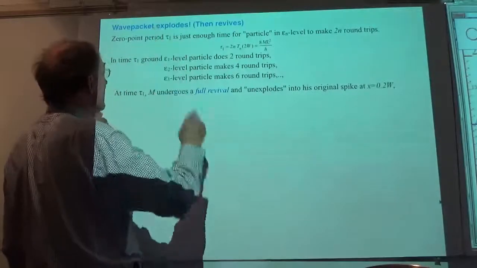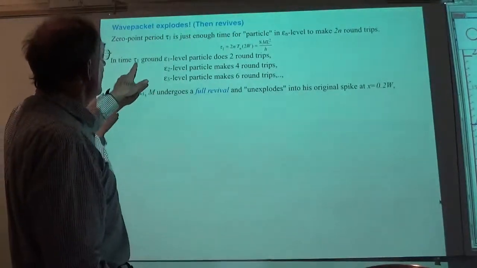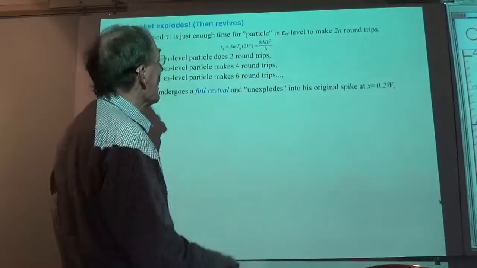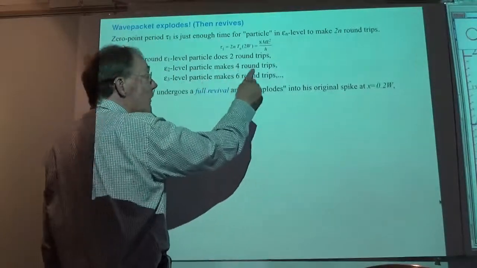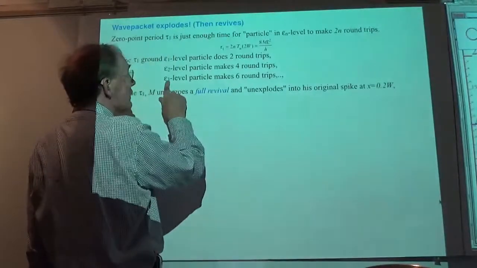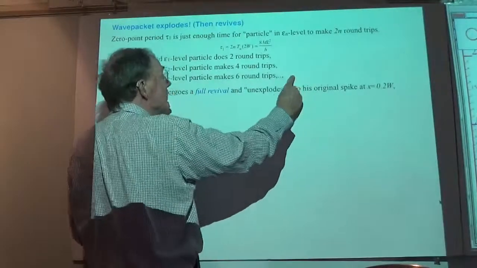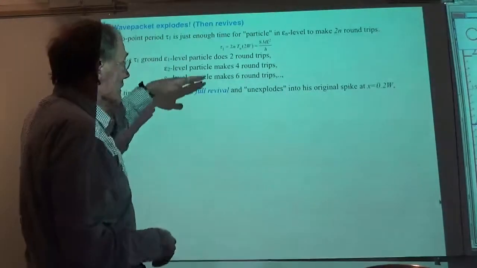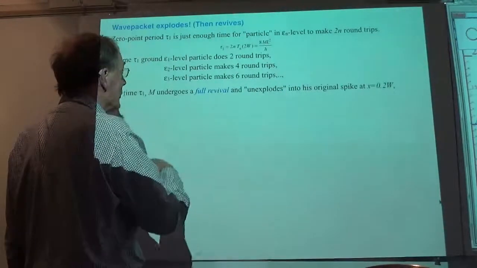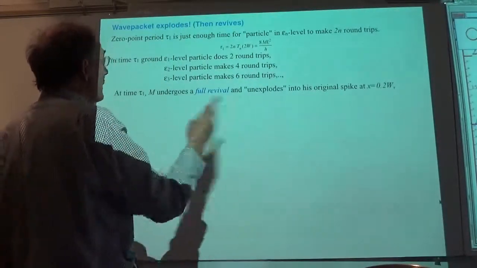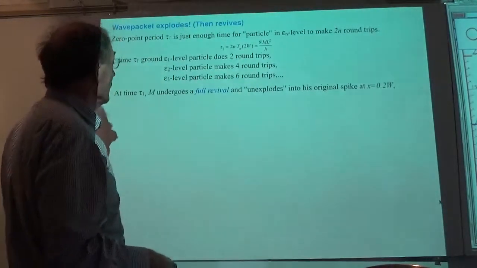It's 1 beat. So in T1, the ground energy level particle does 2 round trips. The second does 4 round trips. The third level phasors do 6 round trips. Each one of these gives more and more round trips until finally you're up there at the really high energies where it makes 2n round trips.